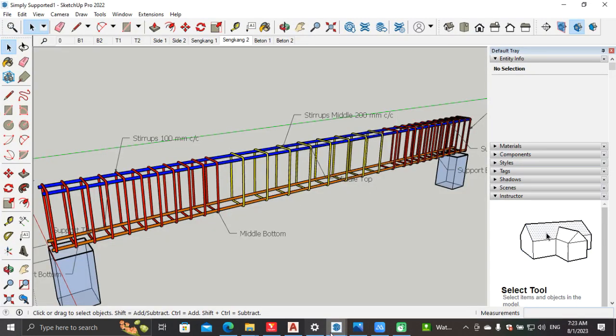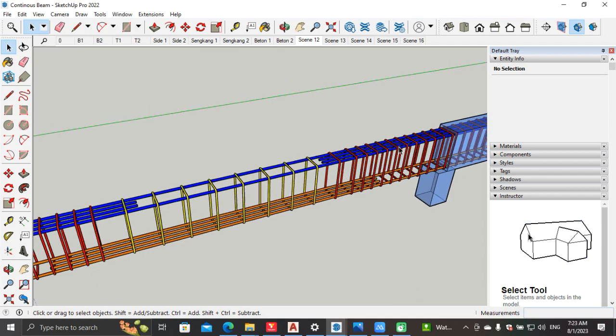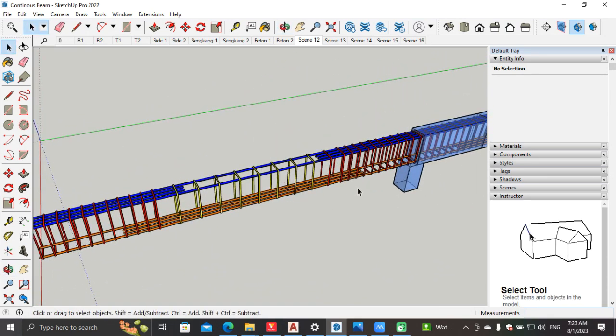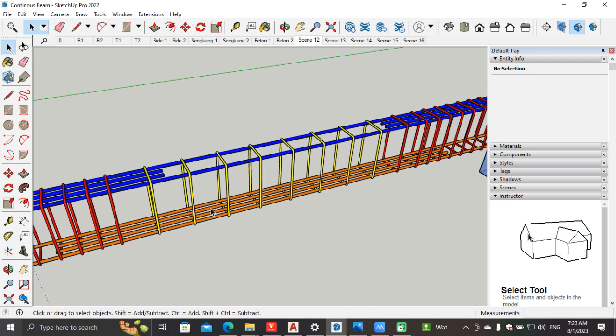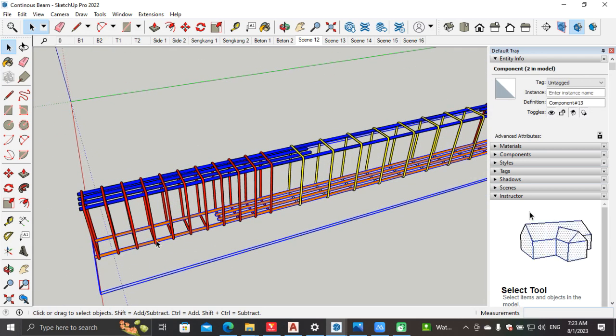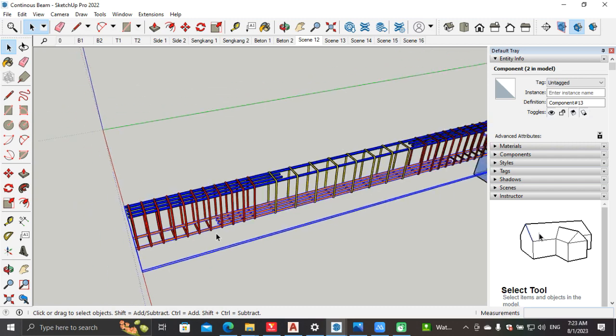So here, this is simply supported, and here you can see the continuous beam. So the number of reinforcement required is 4 numbers. As per the curtailment, we need these 4 numbers at the midspan only. The remaining portion, we have extended just to keep the cage structure.